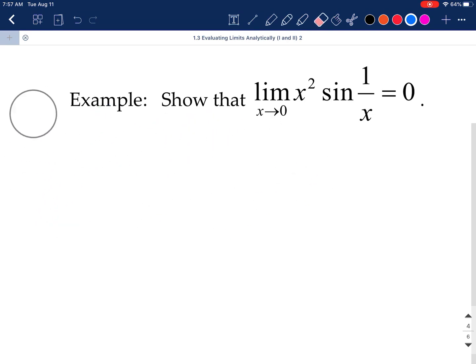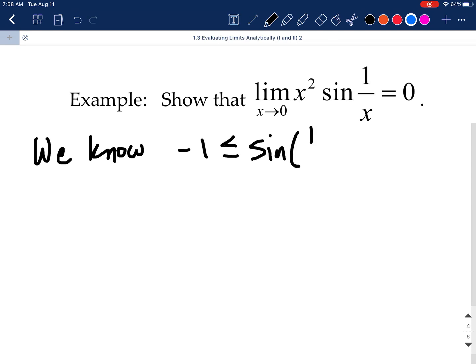So we're going to start with the argument that we know. Let's do a smaller font here. We know that sine 1 over x is between negative 1 and 1.